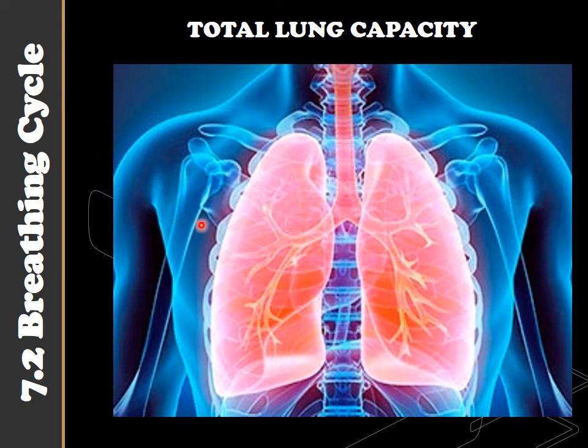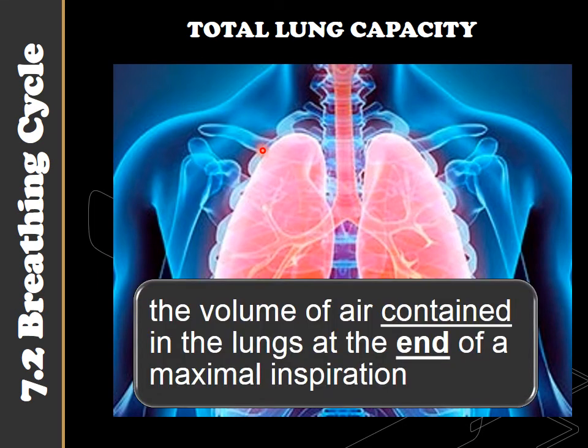Next, we talk about total lung capacity. That is the total amount of air in the lungs after you have done maximal inspiration. That means after you take a deep breath, we are determining how much air is there from your nostril right into your alveolus. This is different from inspiratory capacity.